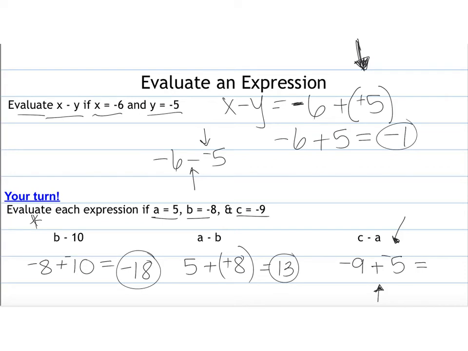Because if we have negative 9 minus 5, and then we just go negative 9 plus 5 and forget to change it, well, negative 9 minus 5 is negative 13. Negative 9 plus 5 is negative 4. So those are two totally different answers and they're not equal. So negative 9 minus 5, which is negative 9 plus negative 5, is not negative 13. Oh my gosh, negative 14 would be my answer. Oops.